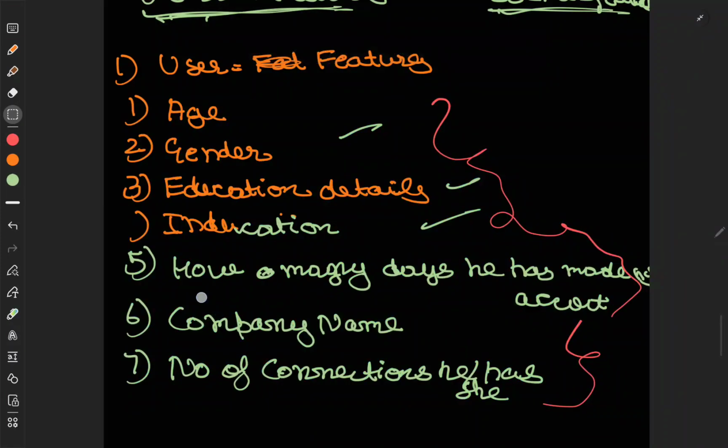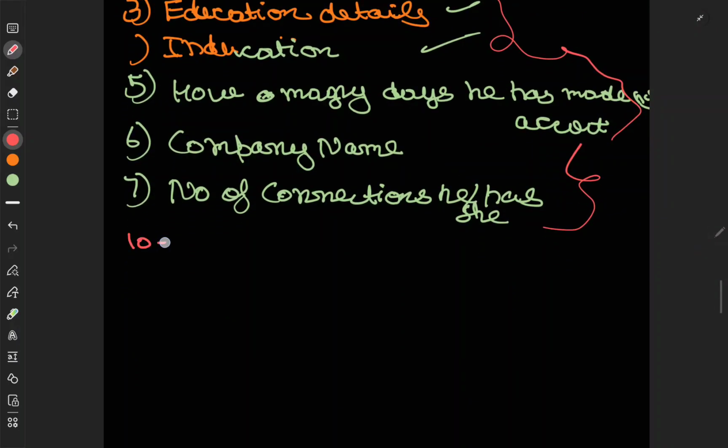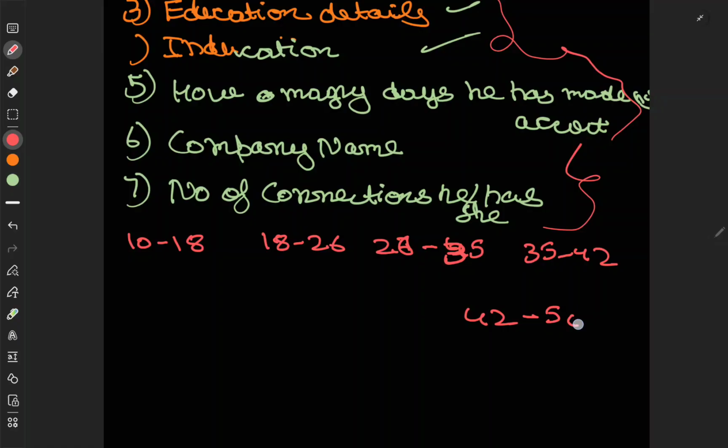The first thing that comes is age. What you can do with age is bucketize plus one hot encode. What does this mean? Let's say you have some categories: 10 to 18, 18 to 26, 26 to 35, 35 to 42, 42 to 50, 50 to 80.